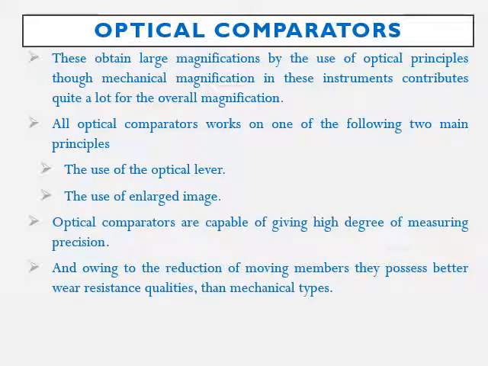Generally, it is due to the reduction of moving members. They possess better wear resistance qualities than mechanical types. Especially the number of components is reduced, because of which the inertial losses are reduced. The second one is that the moving components are reduced, which reduces the friction and also the phenomena of wear and tear.